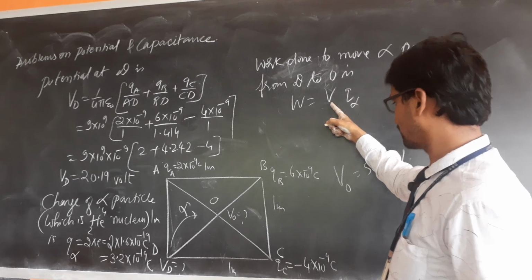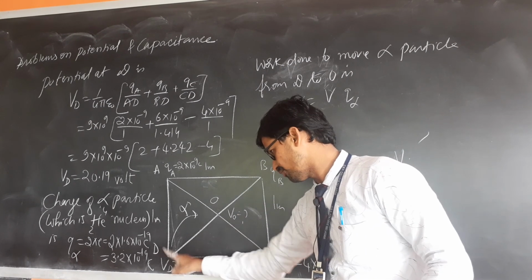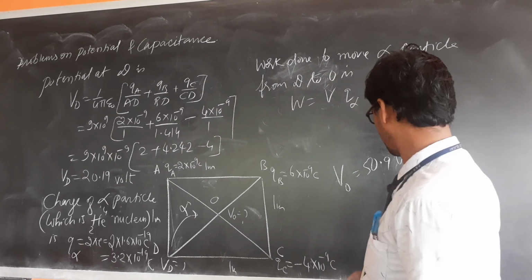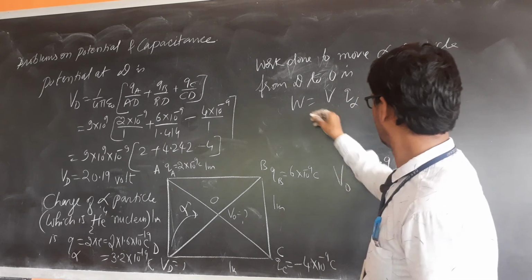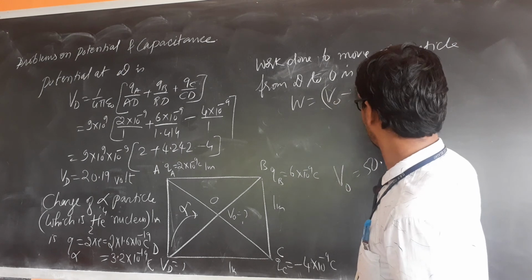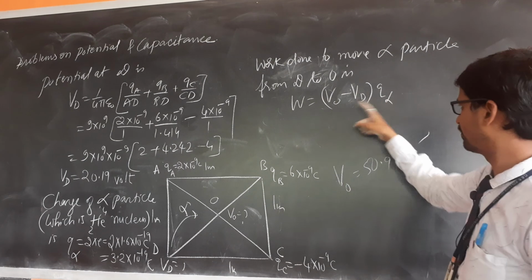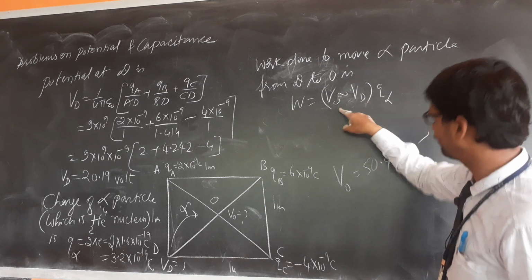But V means what? VO or VD, it is potential difference, VD minus VO or VO minus VD. You can write either.